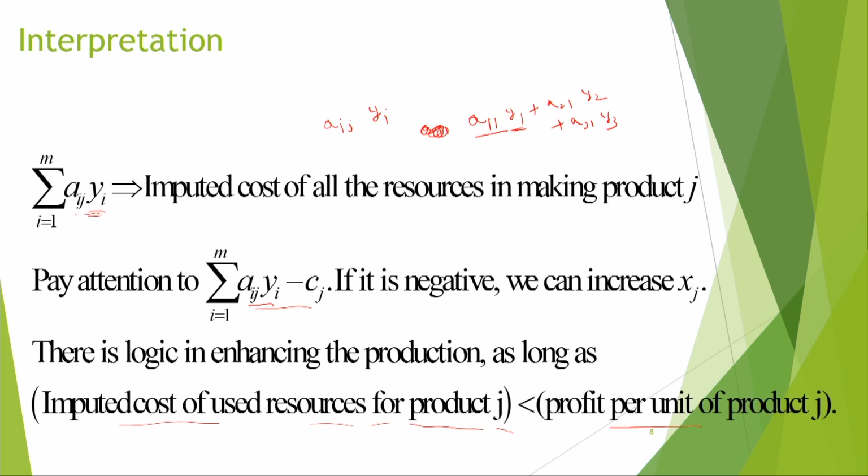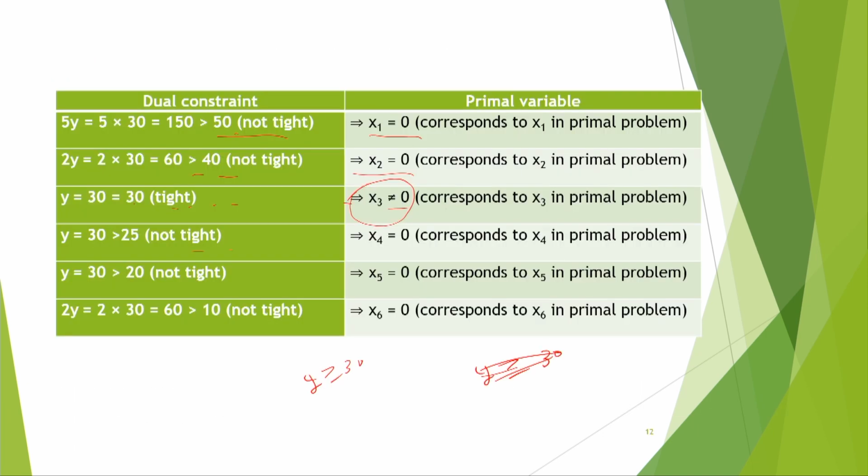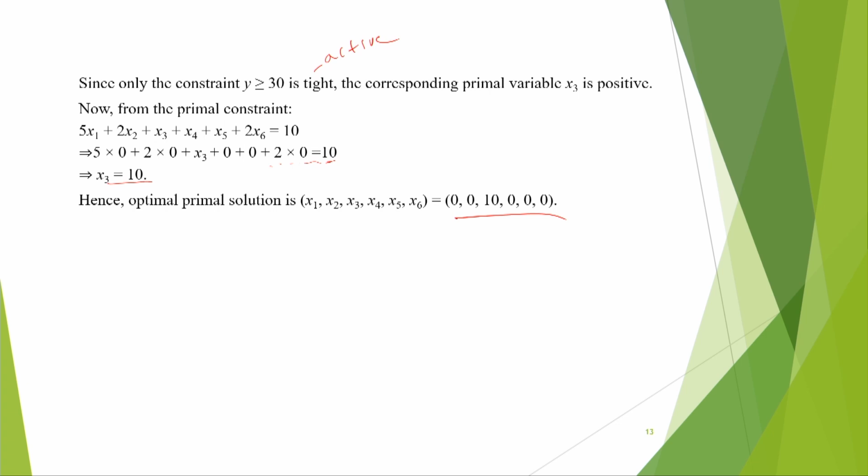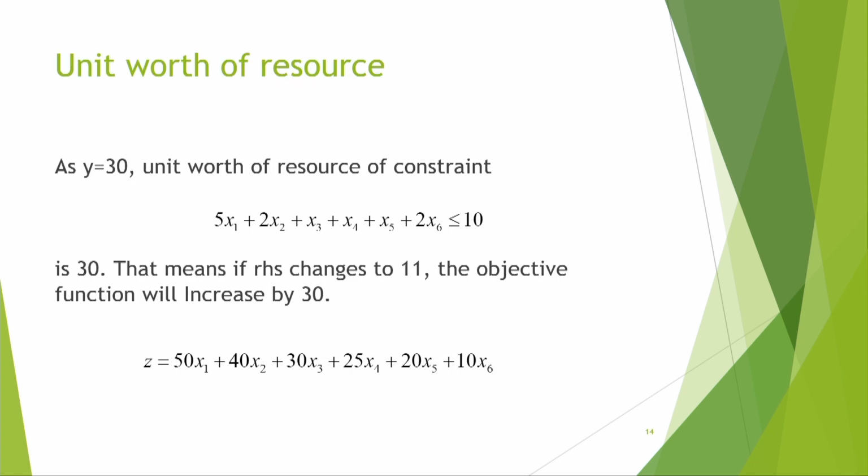And here let me tell one more thing. So this is equal to 10. Now the unit worth of resource, as y is equal to 30, is 30 for the constraint 5x1 smaller than 10. This means if the right hand side changes to 11, then the objective function will increase by 30, because of the unit worth of resource.